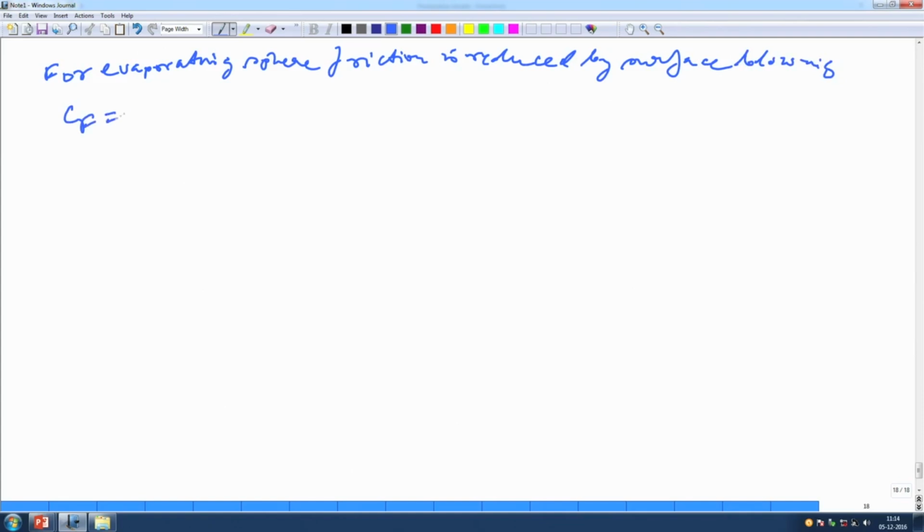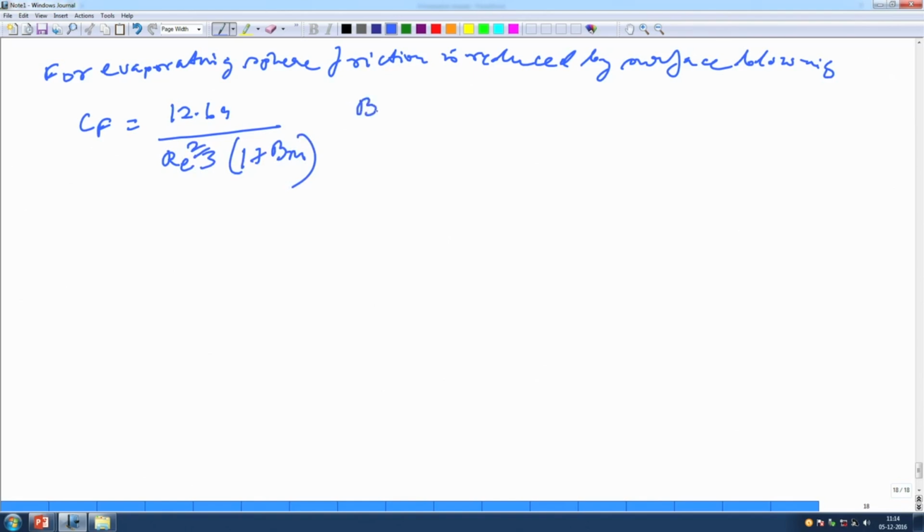So, when you have the Reynolds number, you have the skin friction coefficient, this 12.69 still remains, this Reynolds number to the power of 2/3 also remains, and you have 1 plus Bm that comes over here.